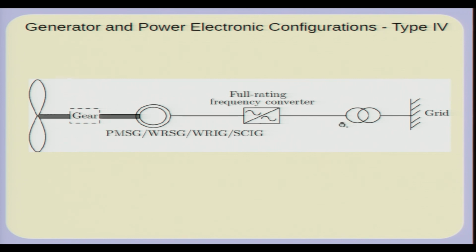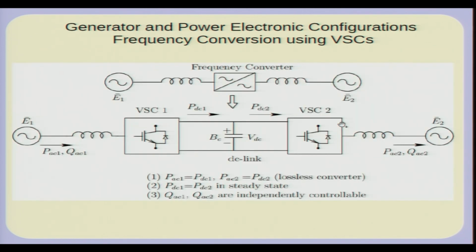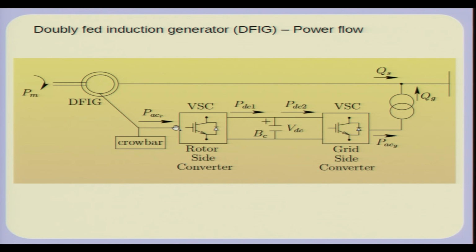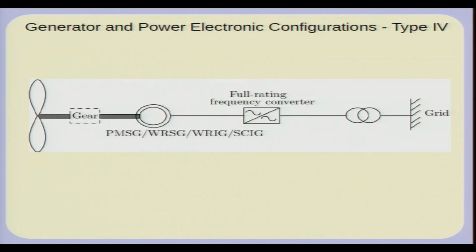Okay. In the earlier type 3 turbine, you get some partial amount of control by controlling the amount of power extracted here by this voltage source converter. So, this is an overview of these 4 types of turbines.